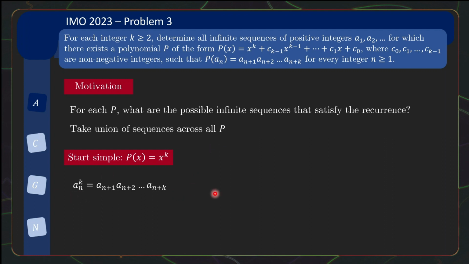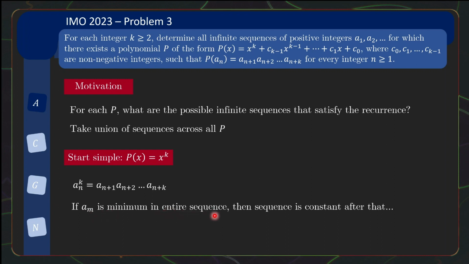Then you'll be in trouble, right? So that leads you to think about the scenario where maybe let's zoom in on the minimum point of the entire sequence. If m is the index such that a_m is the minimum in the entire sequence, then all the next k terms after that are greater than or equal to a_m by definition of minimum.